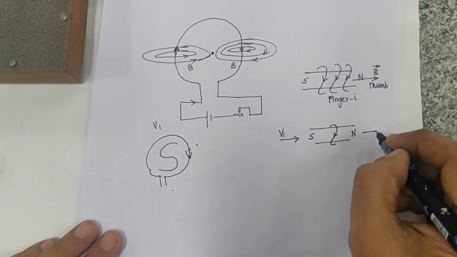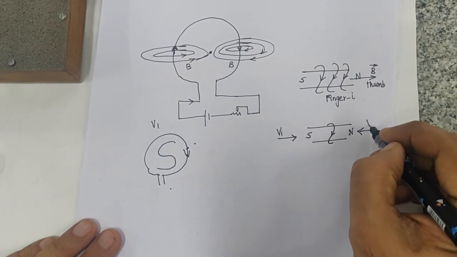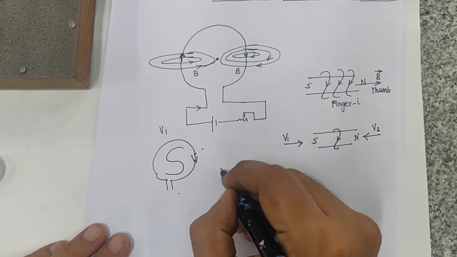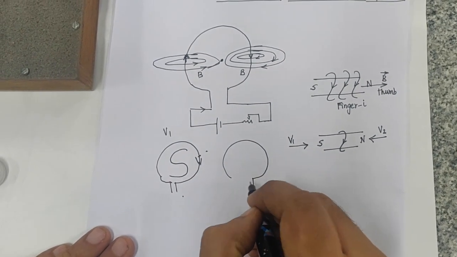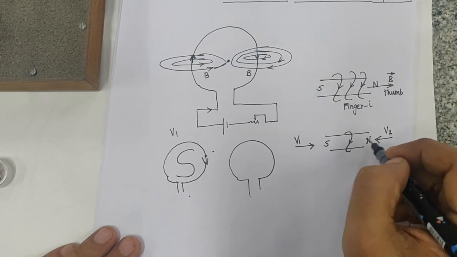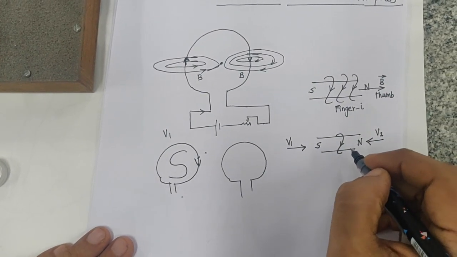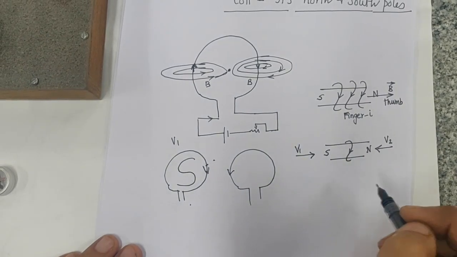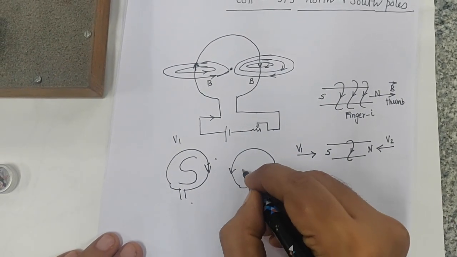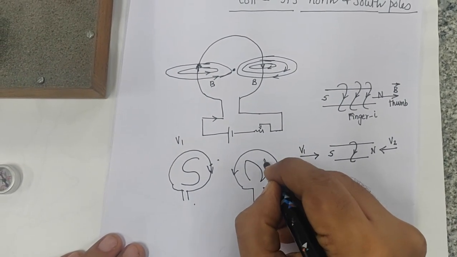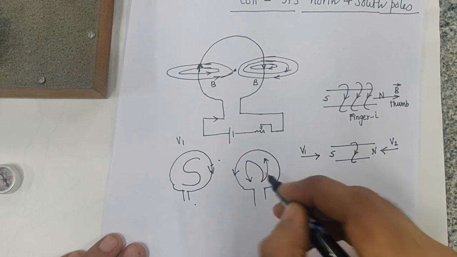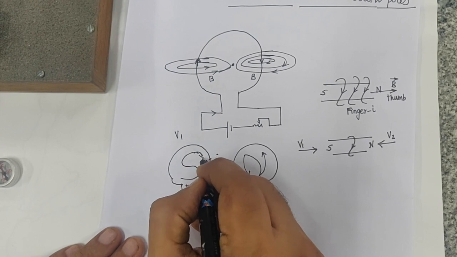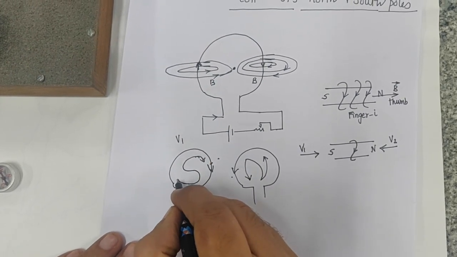Now as you see from here, which is view two, your diagram would be more like this. You will see your current is moving in this direction, and this side will be north. People remember this by putting an arrow like this, and the arrows will align.